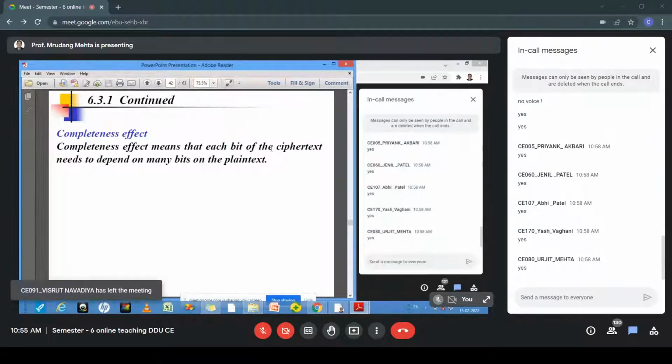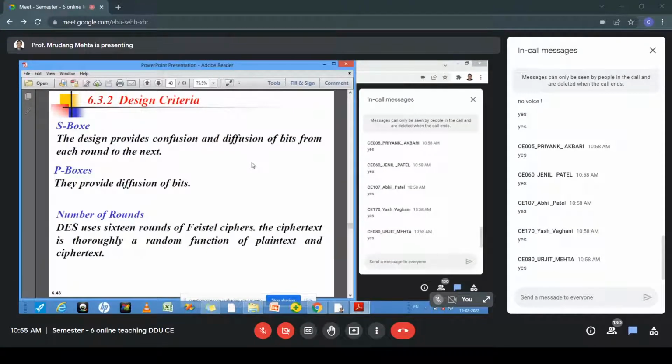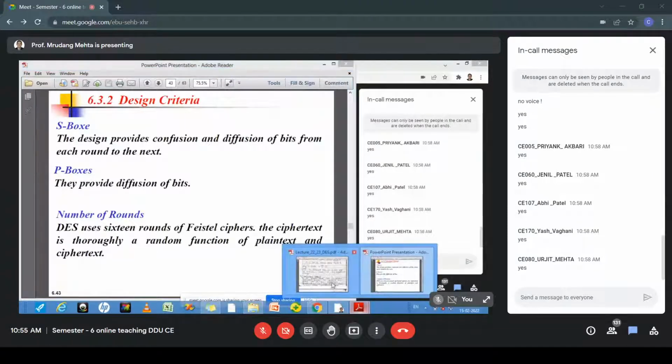Completeness effect means each bit of the ciphertext needs to depend on many bits of the plain text. And in the S boxes, the design provides confusion and diffusion of bits from each round to the next. Now, this generates two terms, confusion and diffusion.